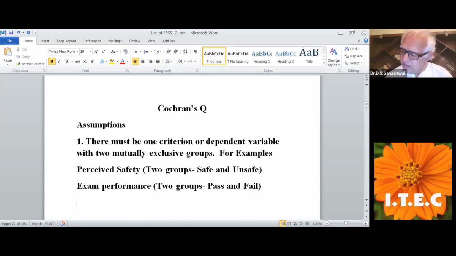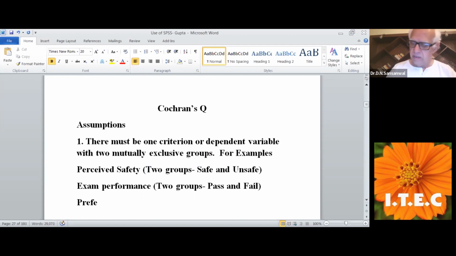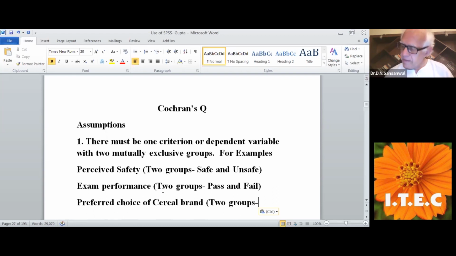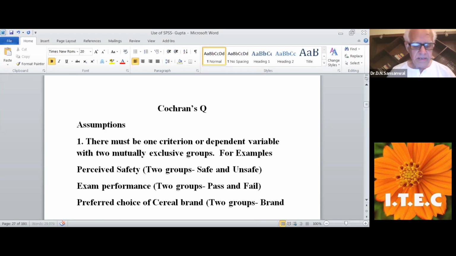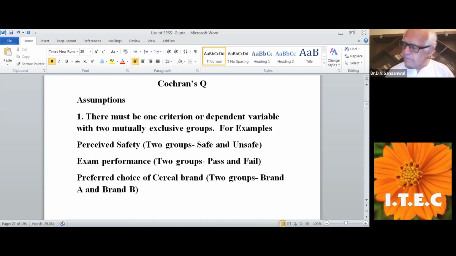If another variable is preferred choice of cereal, the cereal brand, then the two can be brand A and brand B. Another can be feeling seasickness.